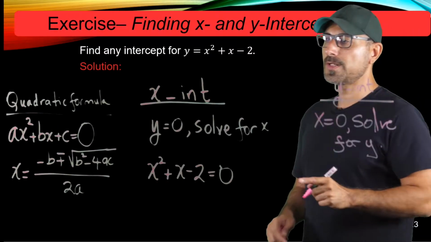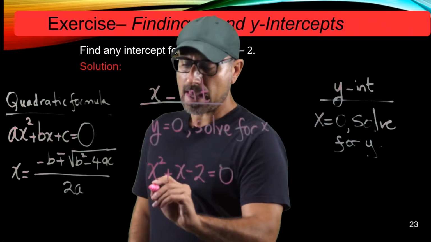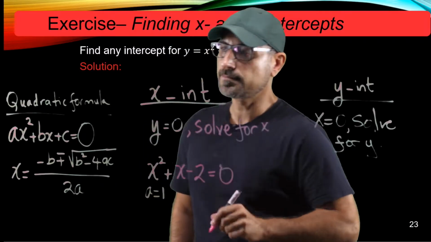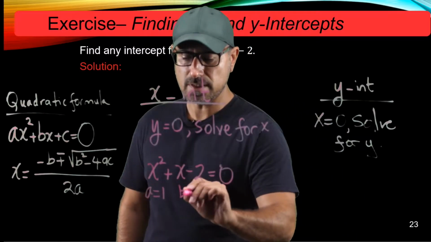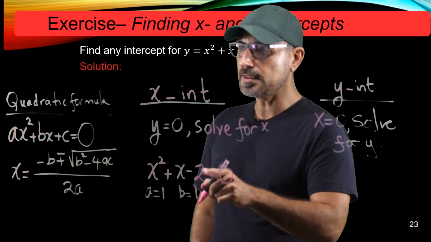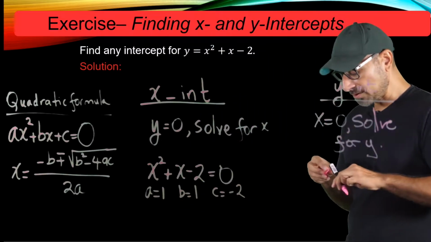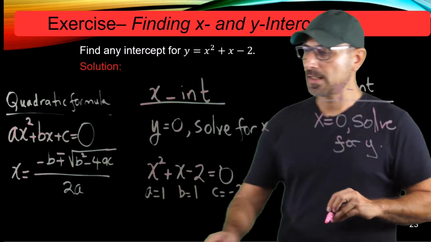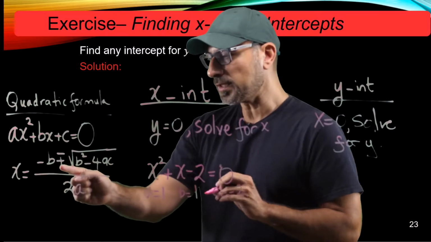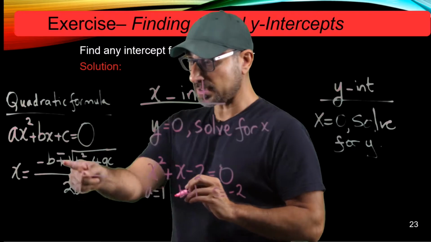All right, so in our case, a is 1. b is the coefficient of x, that's 1, and then c is the constant term over there, that's minus 2. So substituting these values in this expression, we have two roots. One comes out of the plus sign, the other one comes out of the minus sign.